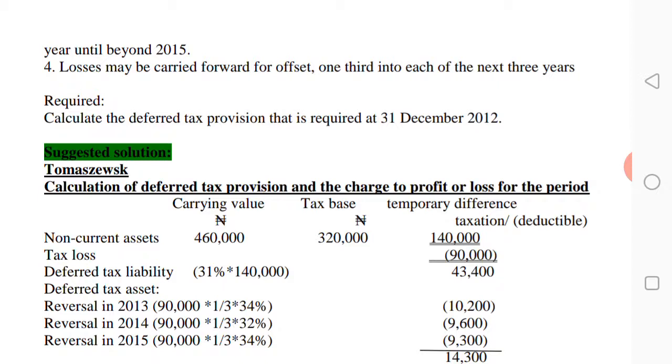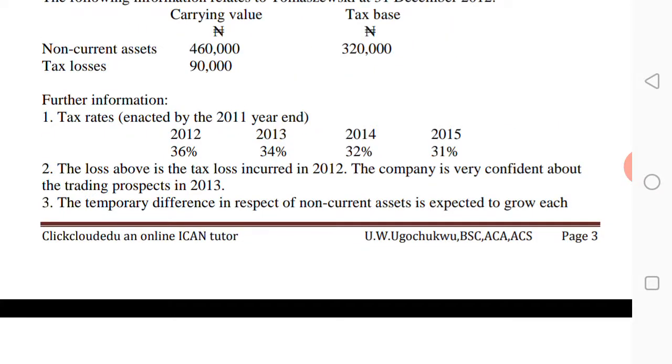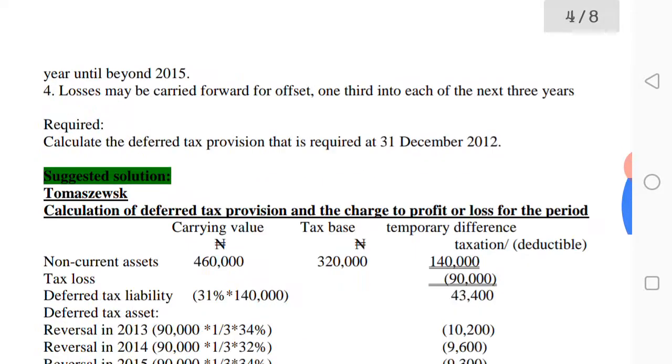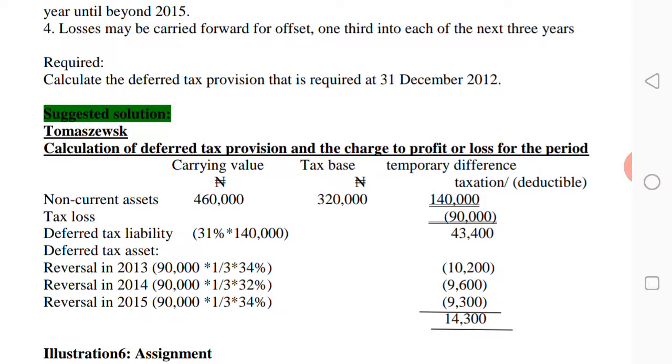So the deferred tax liability that we have, which is for 2012, is 31%. So when there is a deferred tax for the foreseeable future, the tax rate for that future will be the one that will be used to calculate our deferred tax presently.